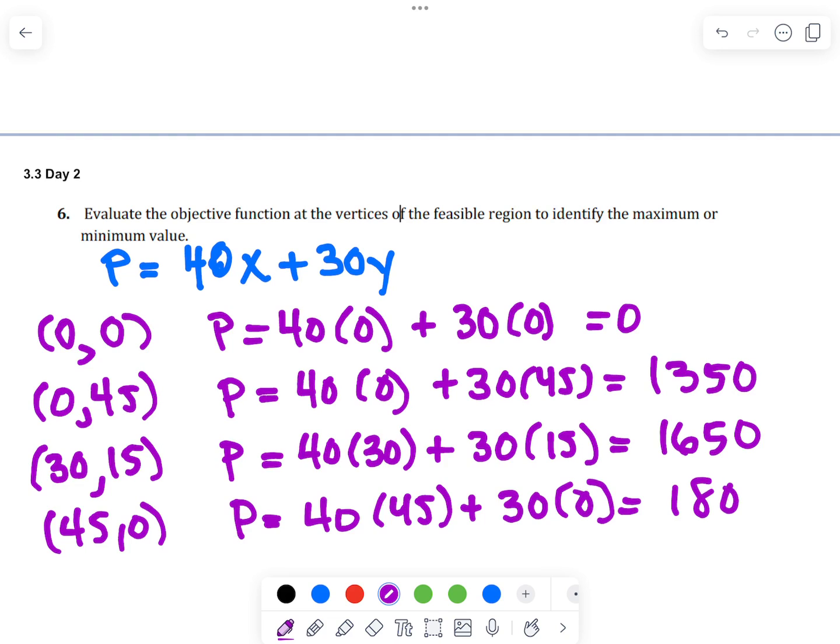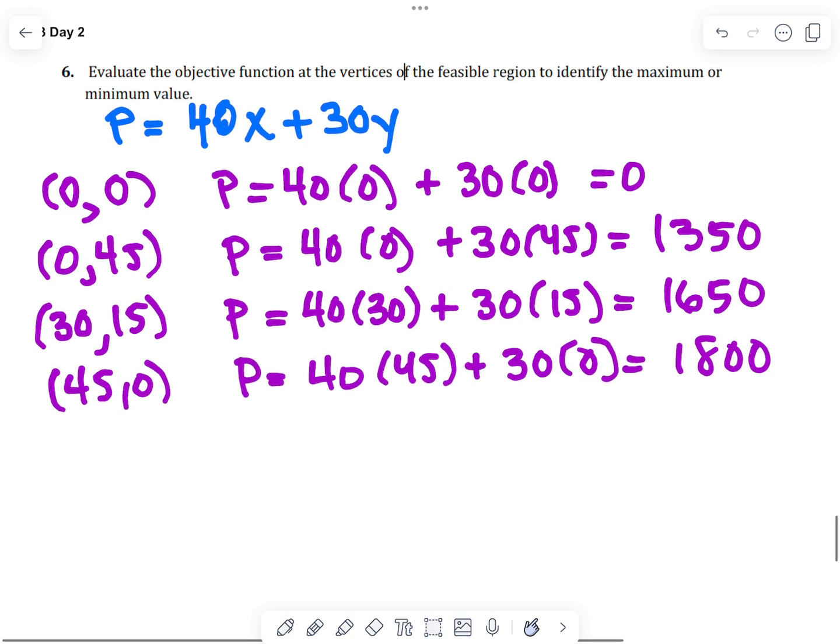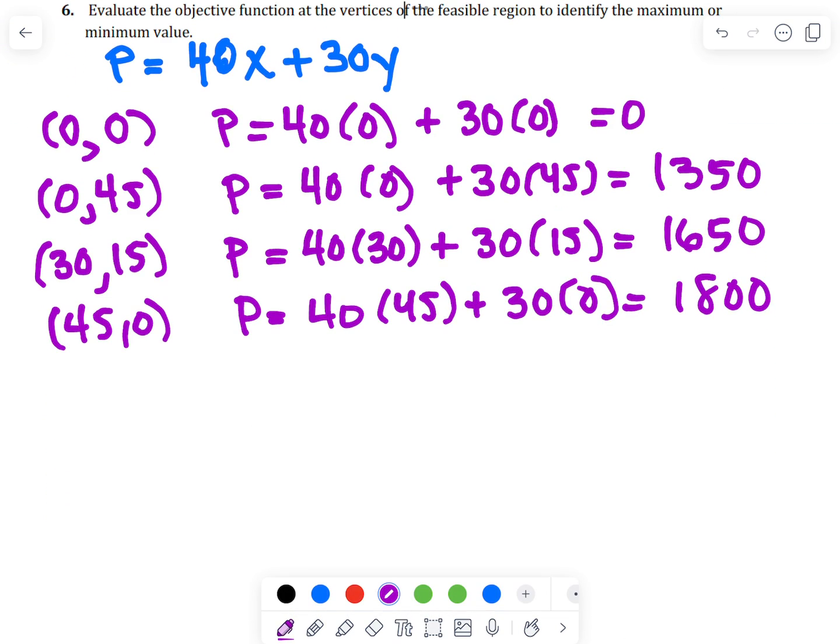And the profit is $1,800. So if we look at those 4 profits, the last vertice that we inputted, this is our X, and our Y made a profit of $1,800. That's our maximum. So what does that mean?